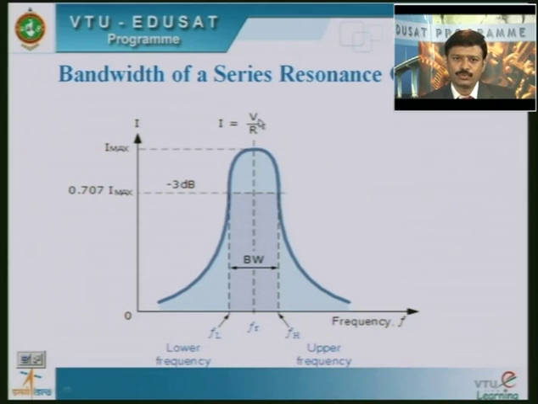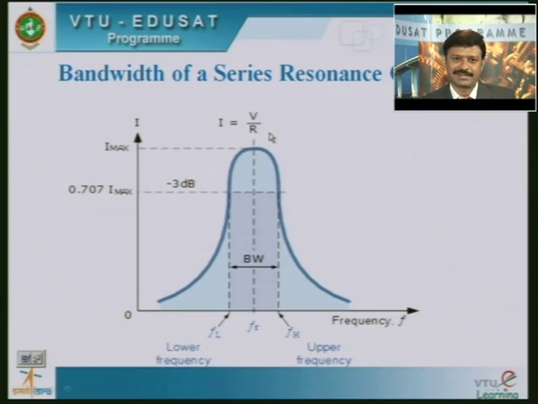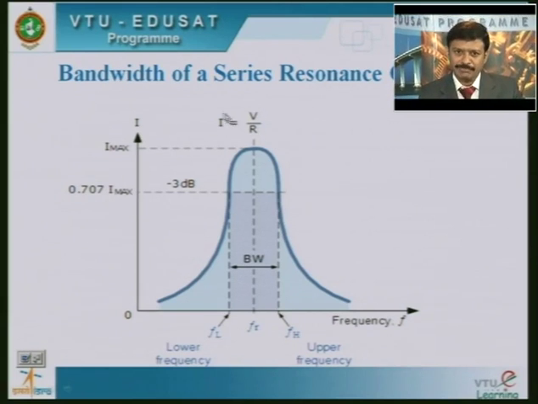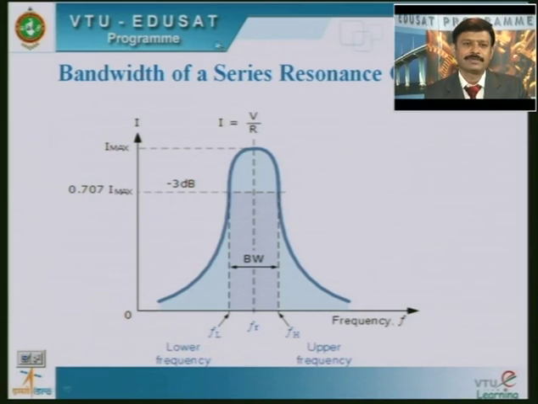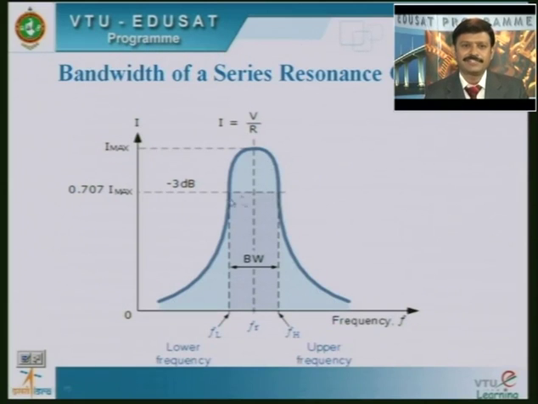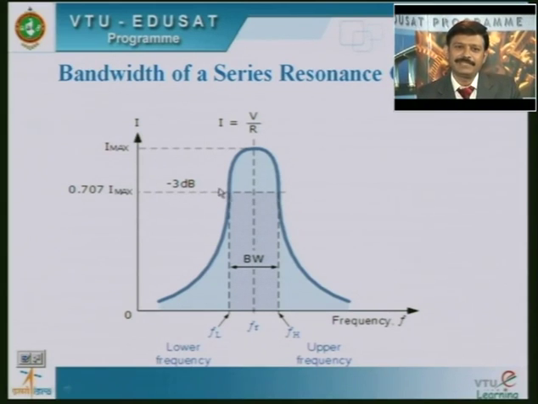I equal to V by R, that is V by magnitude of impedance, because as impedance is minimum, current will be maximum. Now, here there are 2 half power frequencies at these points. Those 2 points are called cutoff points of minus 3 dB.